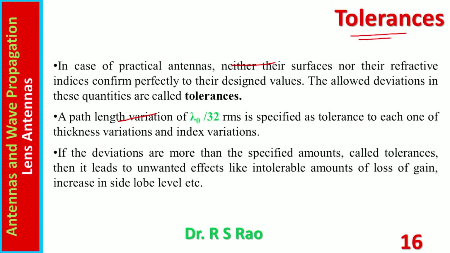It leads to underperformance of the lens antenna. Here, under tolerances, we discuss deviations of the shapes, deviations of the refractive index, deviations of the dimensions from their designed values that are allowed without having much deterioration in the performance of lens antennas.